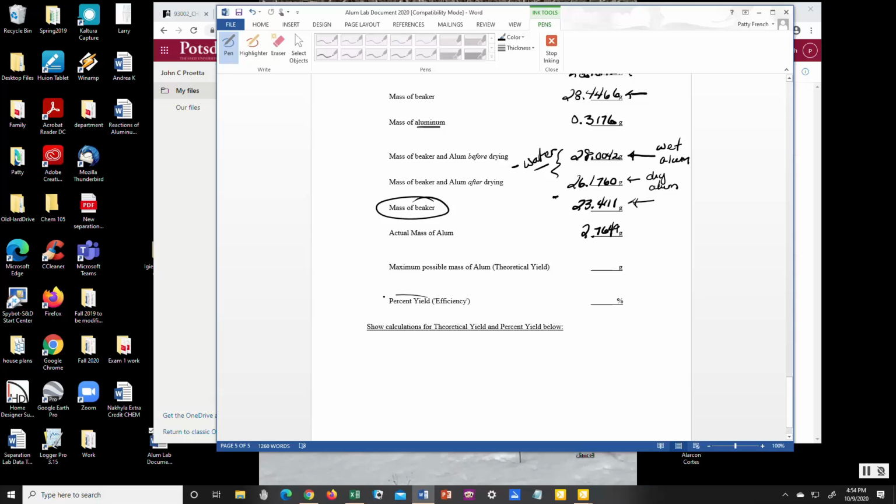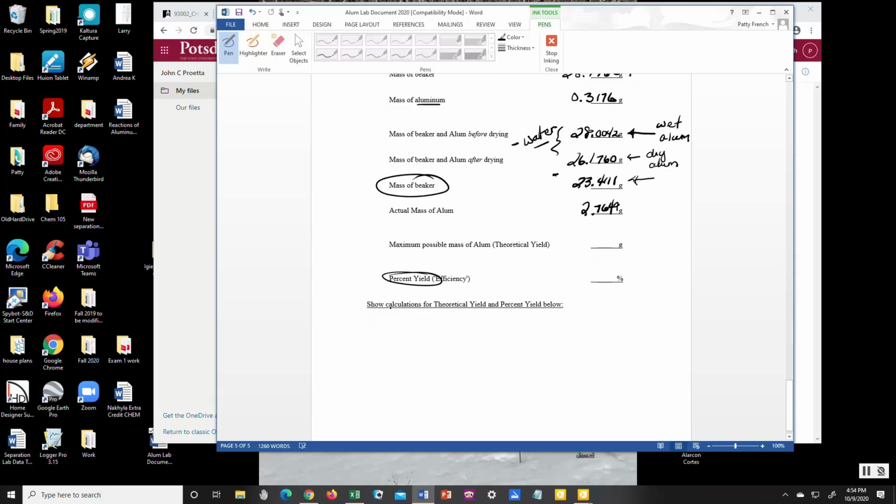Now, in order to find out the percent yield, which was something we really cared about in this experiment, we had to find the theoretical yield. And I showed you in the pre-lab how we could calculate the theoretical yield based on the mass of the starting material. So I'm not going to go through that again right now, but I'm just going to write down the equation for you.